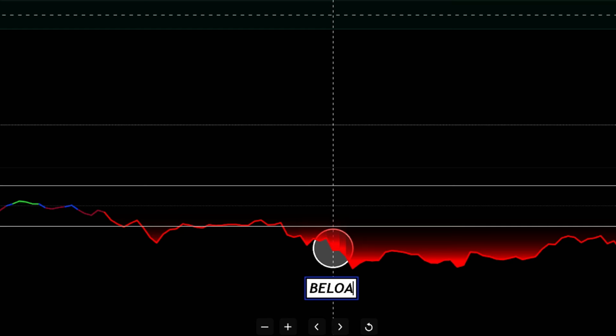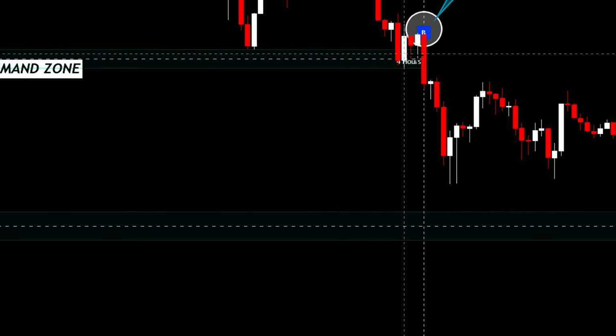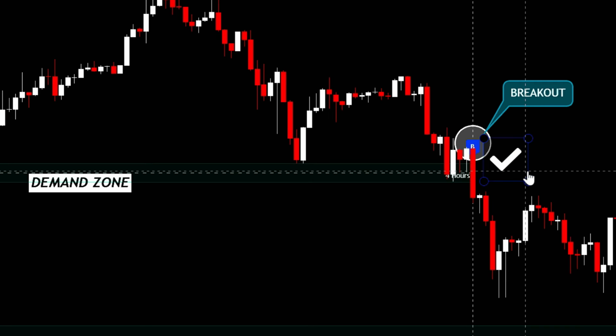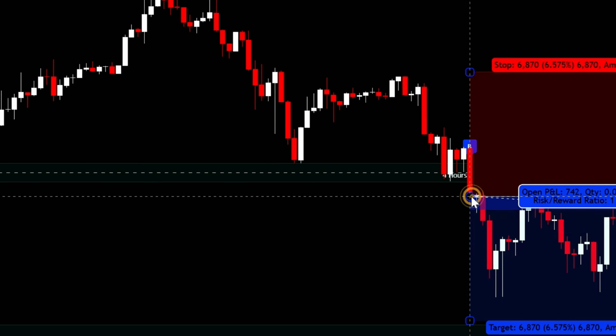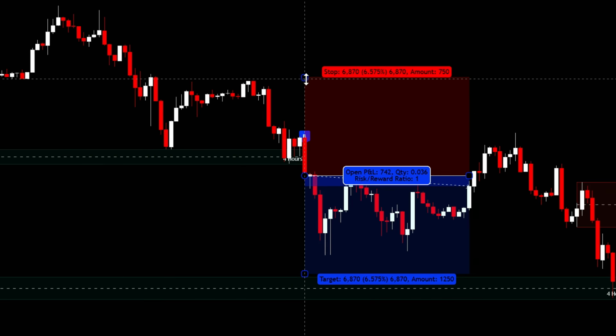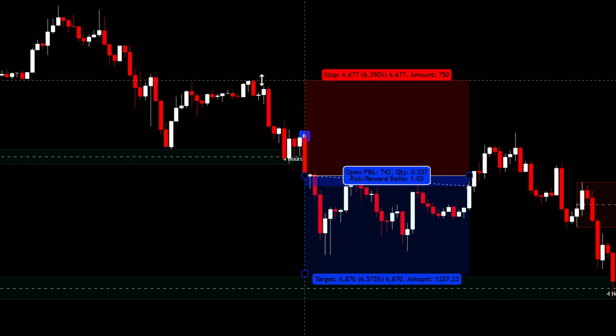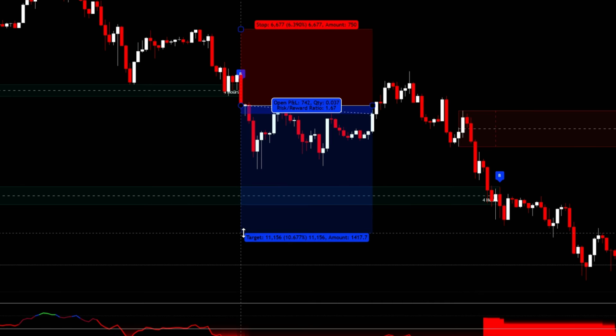That breakout is valid. That's your sell. A stop loss above the recent swing high. And same risk to reward ratio for target.